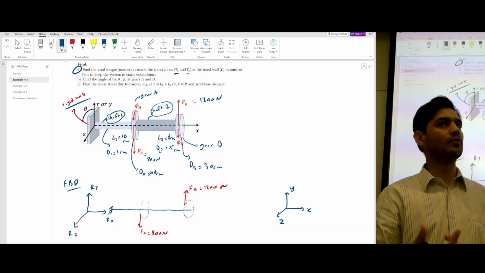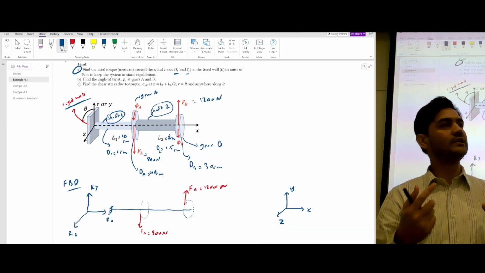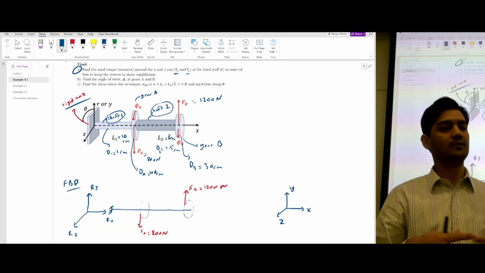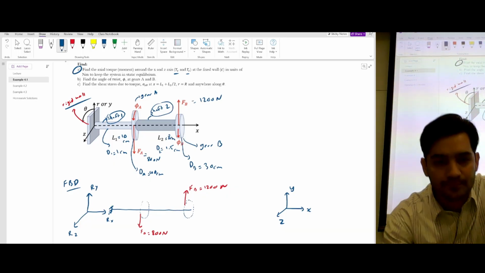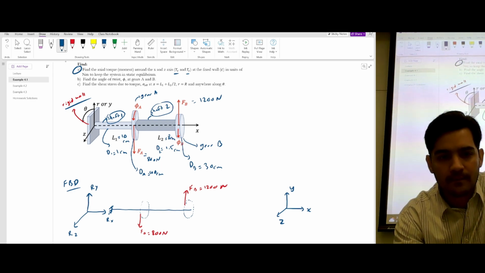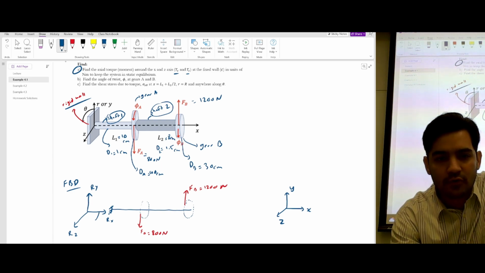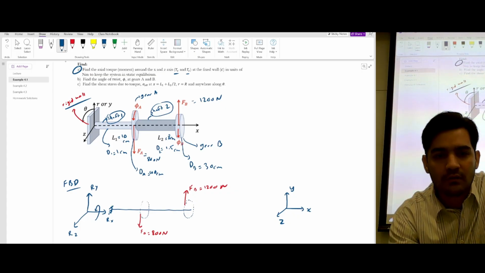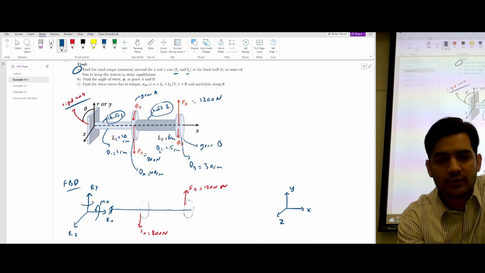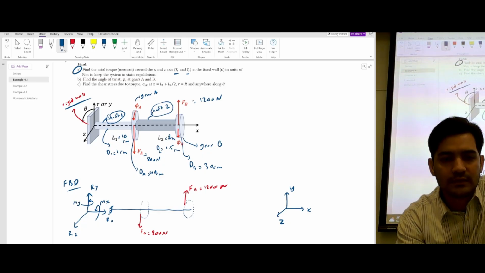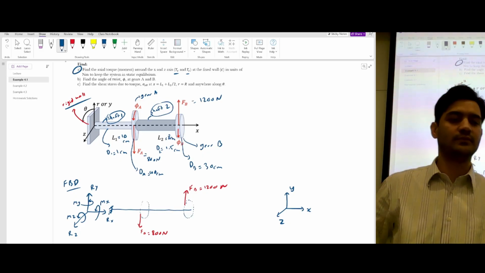But this is a fixed support. So in addition to all these 3 reactions, you will also have 3 moments. So let's draw these 3 moments as well. You have a moment along the x-axis, a moment along the y-axis, and also a moment along the z-axis.